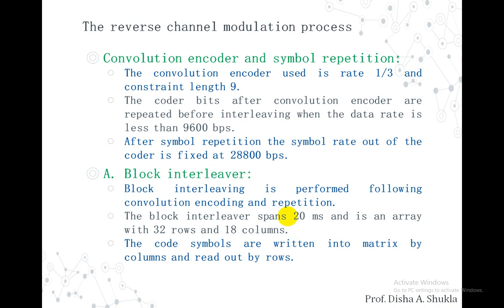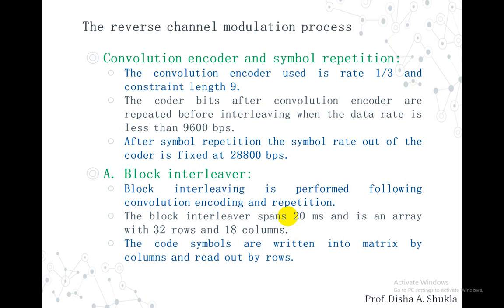The next process is the block interleaver. Block interleaving is performed following the convolutional encoding and repetition. The block interleaver spans 20 milliseconds and is an array with 32 rows and 18 columns.